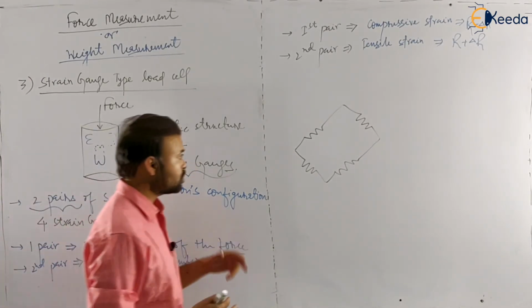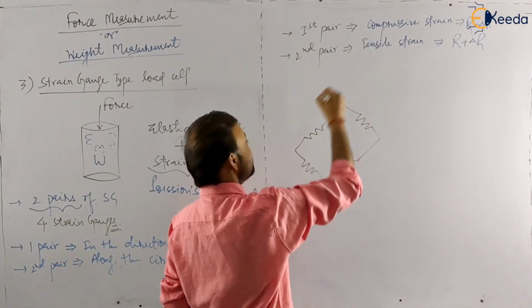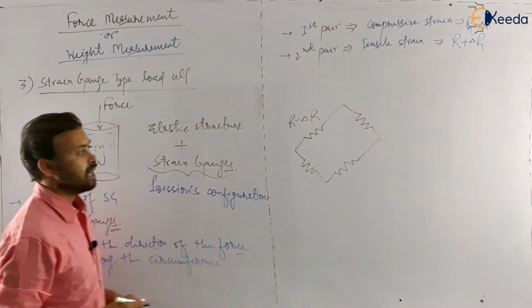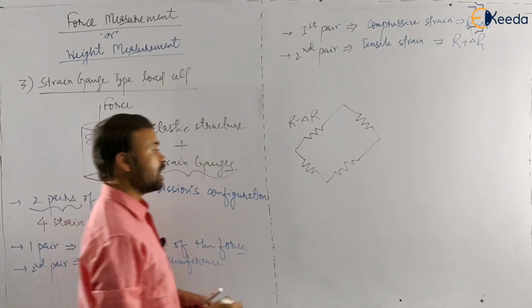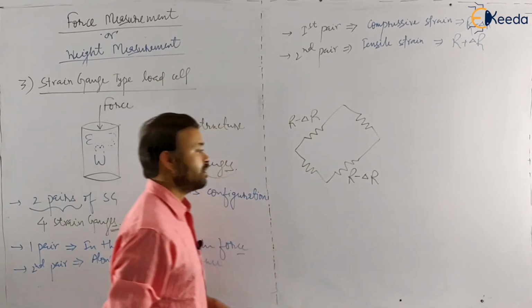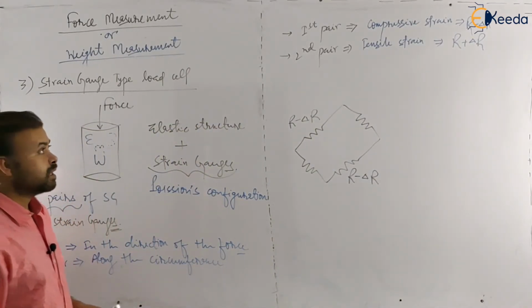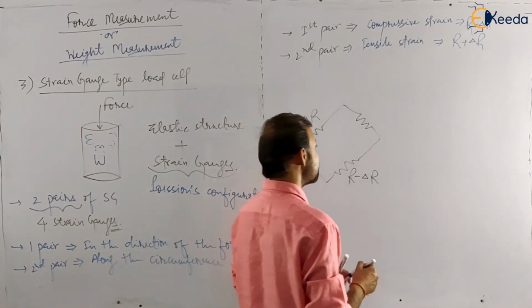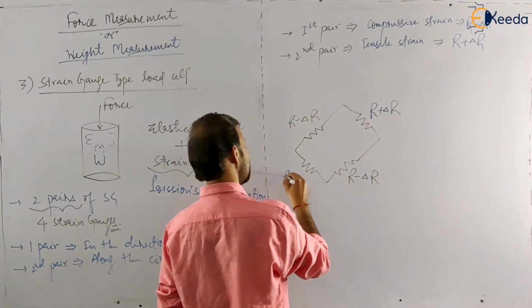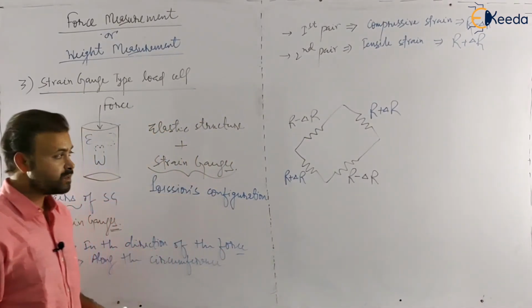So the first pair means the R minus delta R part. After application of force, the two R minus delta R gauges will be connected in opposite arms, and the tensile strain gauges, R plus delta R and R plus delta R, will be connected in opposite arms.